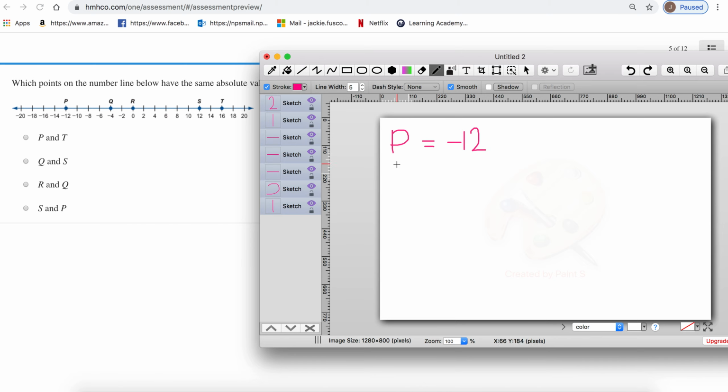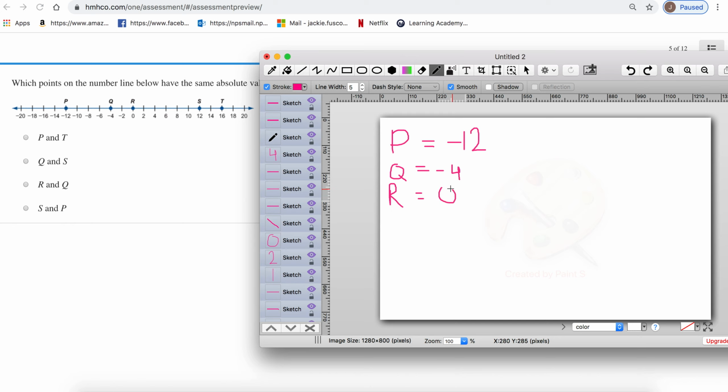Q is at -4. R is at 0. S is at 12. And last, T is at 16.